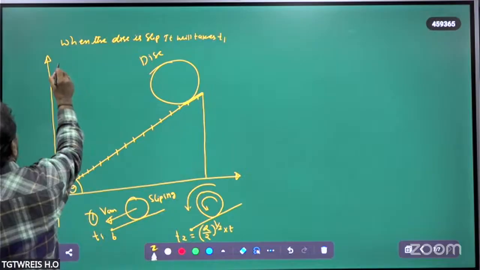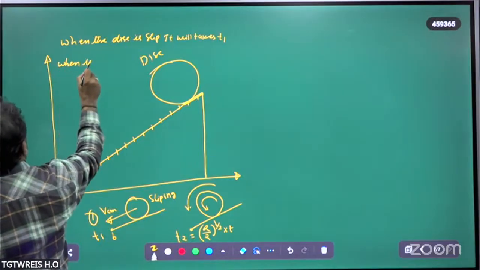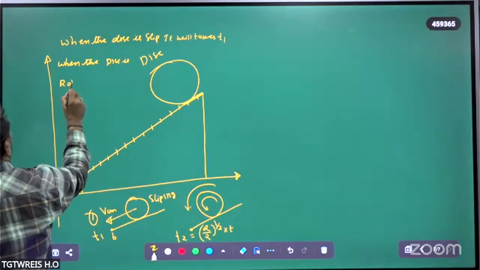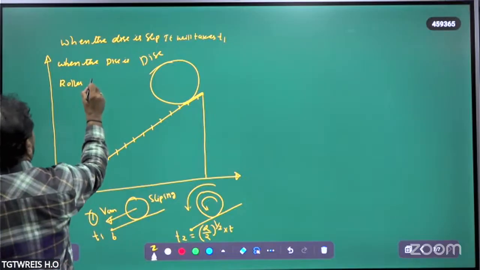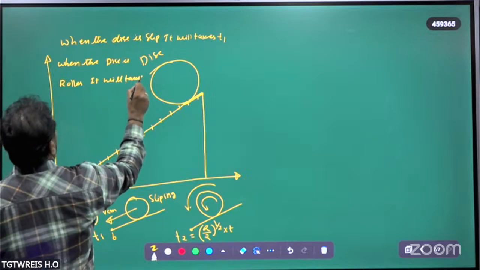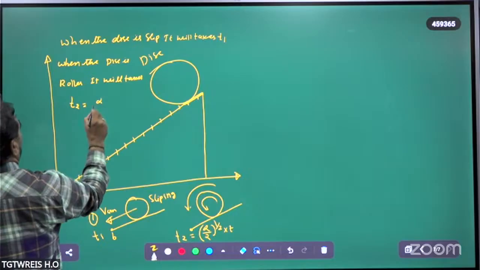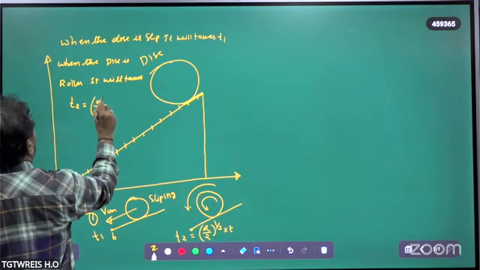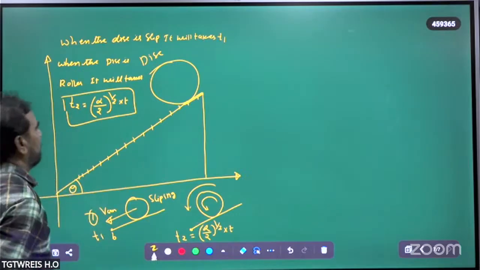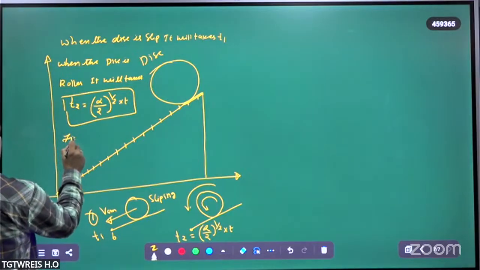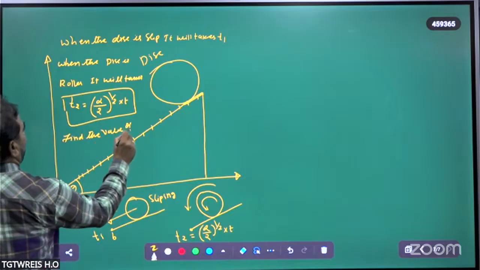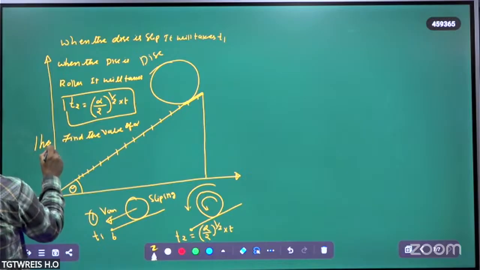When the disk rolls, it will take time t2 equal to alpha upon 2 whole power of 1 by 2 into t. Then find the value of alpha.